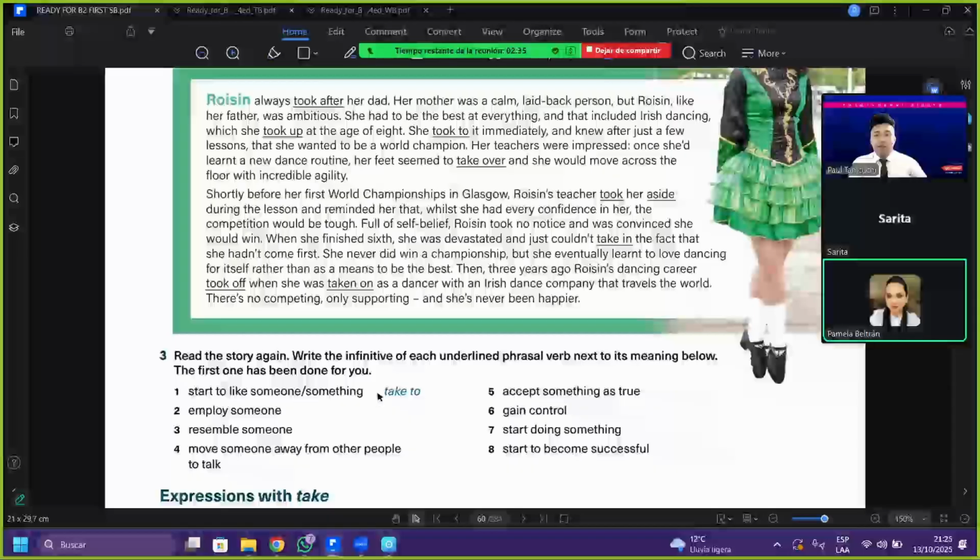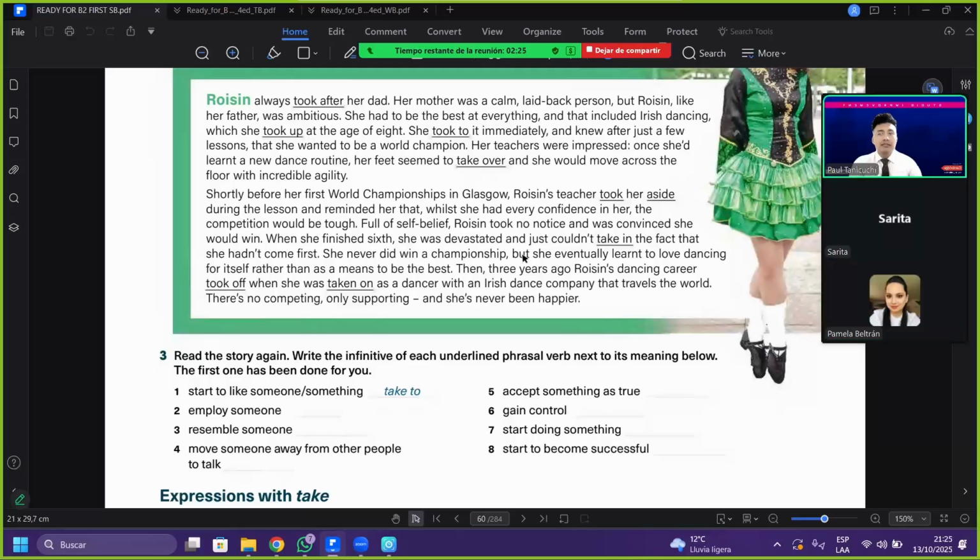Take after. Yes, take after. To resemble someone.